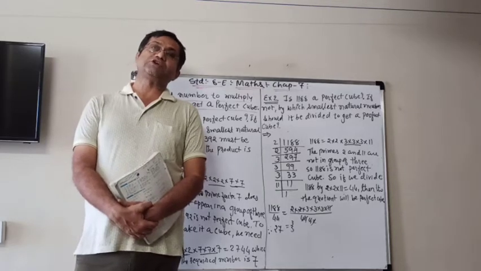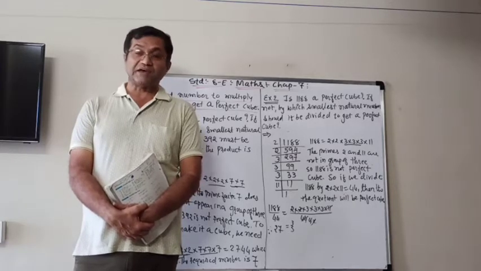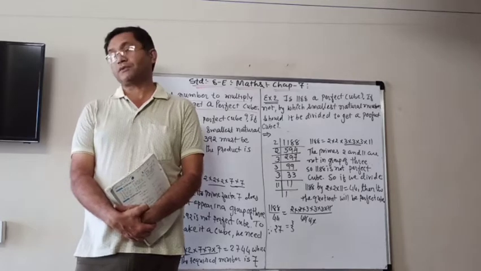For example, 3 cube is 3 multiplied by 3 multiplied by 3, 27, so 27 is a perfect cube, and so on.